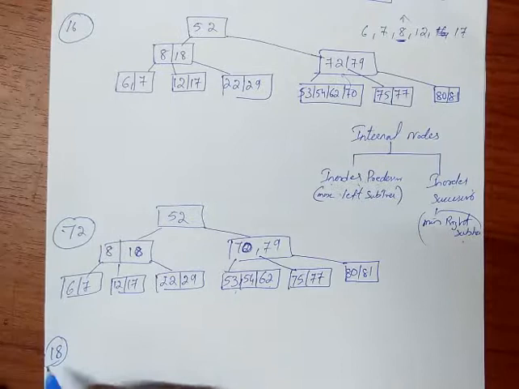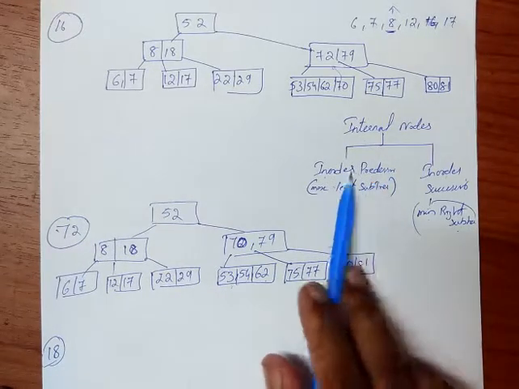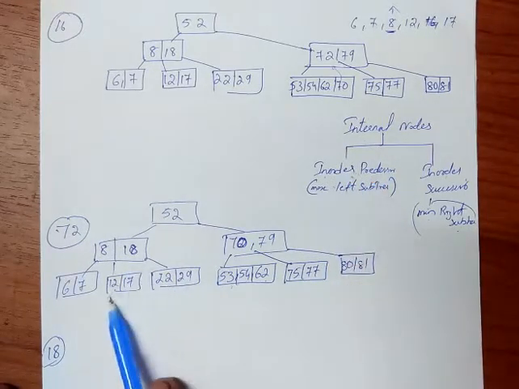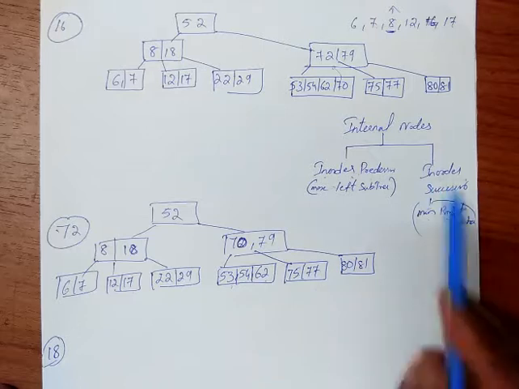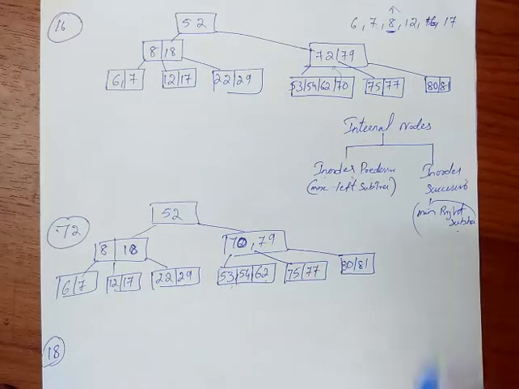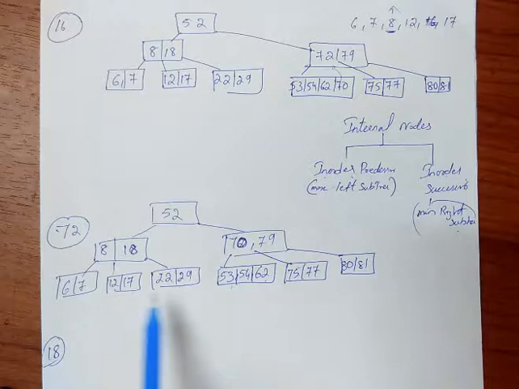Okay, next we can delete the element 18. For that we need to check the in order predecessor side, which contains only 2 elements, and the in order successor side, which also contains only 2 elements. So in this case both the children of 18 contain only the minimum number of keys.